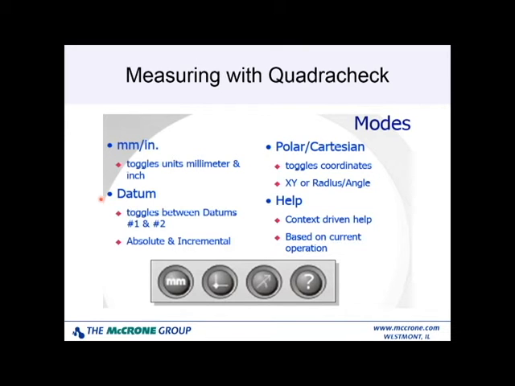You can set the datum, and then by looking at either the XY dimensions, or the radius and angle dimensions, you can tell where your features are that you are measuring. And of course, there is a help key.